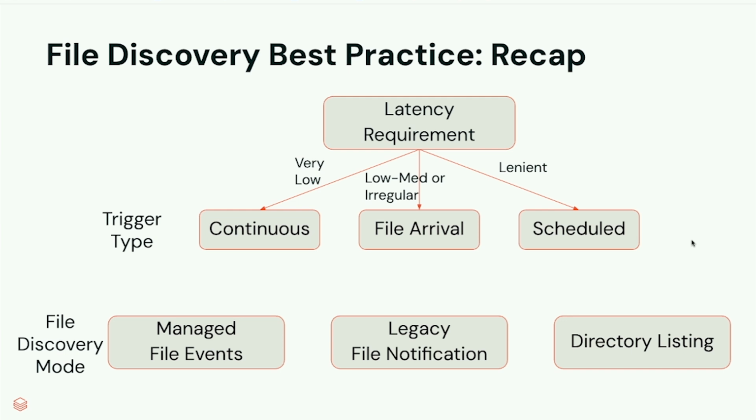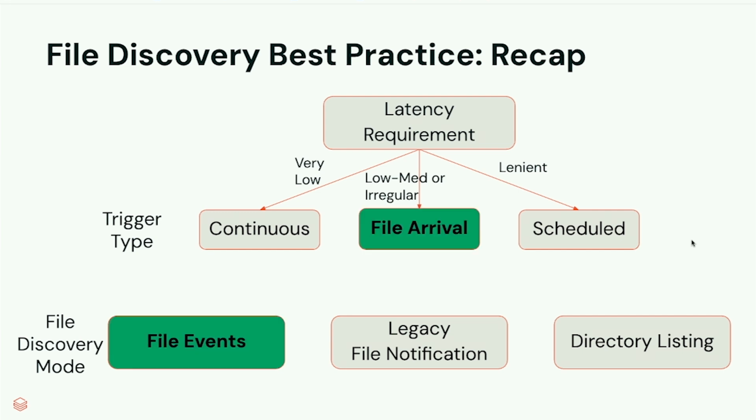And finally, if you really don't have a strict latency requirement, like you are okay ingesting data in hours or maybe even a day, then running a periodic pipeline at that frequency is also fine. You don't necessarily have to use the other trigger type. But in the end, what we recommend for most use cases is the file arrival trigger coupled with the file events in the autoloader, which gives you the best combination of cost and efficiency.